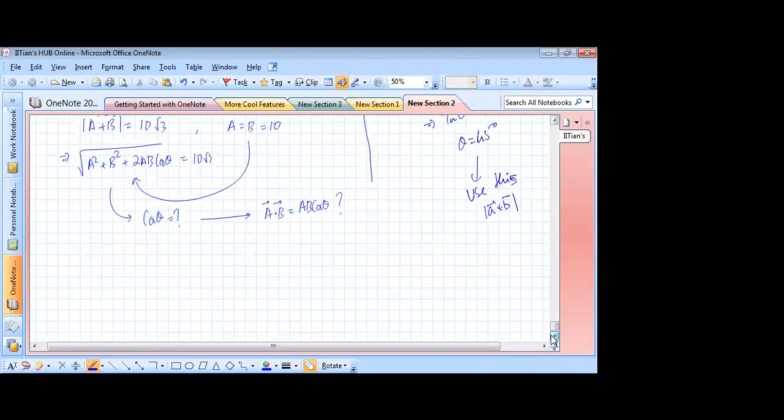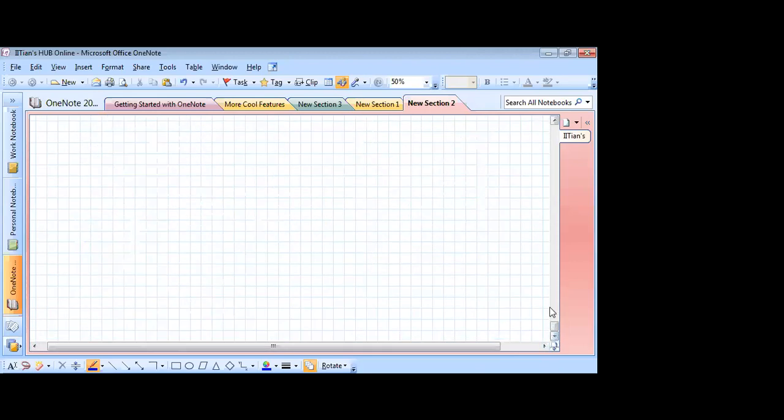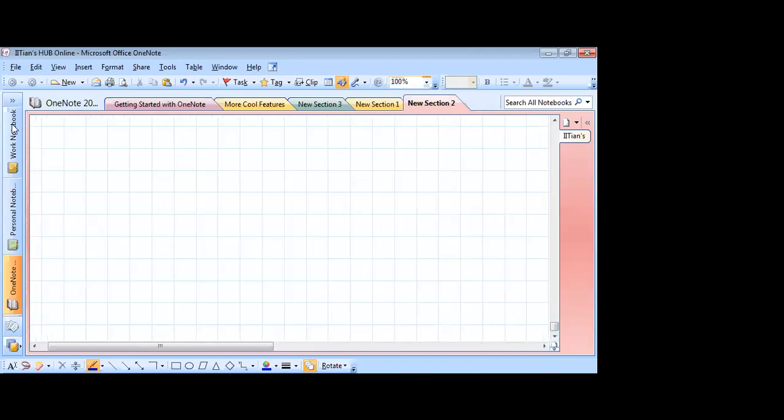That was the sixth question. Now coming to the seventh question, there is a correction in the answer key. The correct answer should be C. It's given as B or D or something like that by mistake.